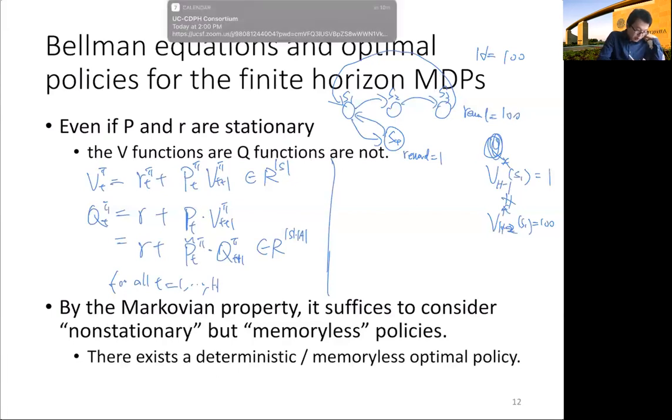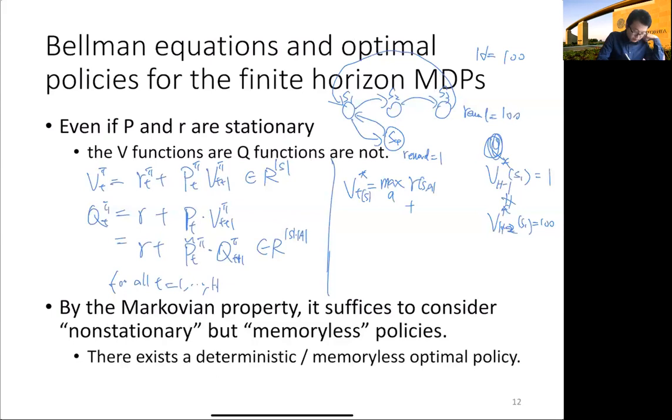So we will have V_t star equal to the max over A of R(S, A) plus P_t multiplied with V_{t+1} star, right? So that would be the Bellman optimality equations.